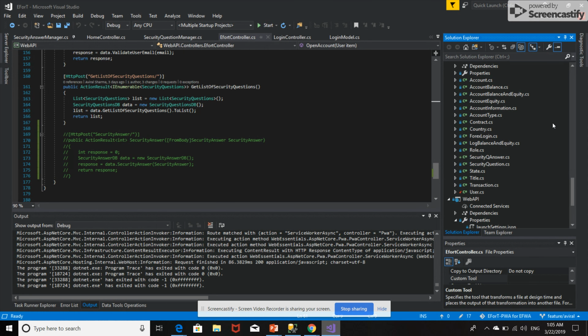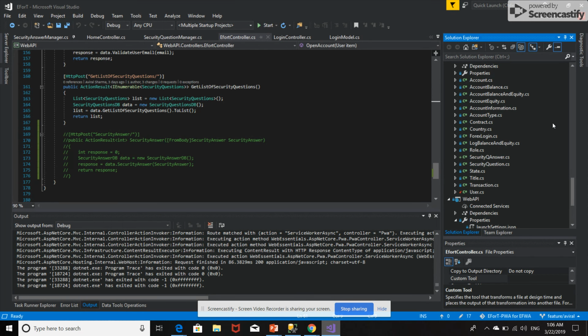After doing the whole coding, that approach did not work. The two stored procedures, one for the security questions and one for the answers, and the API for the same were not working because the API consumed for the answers should be in the open account.